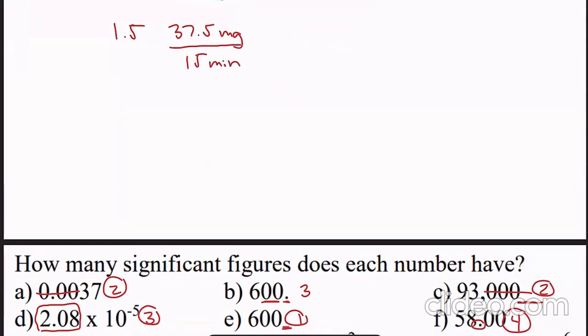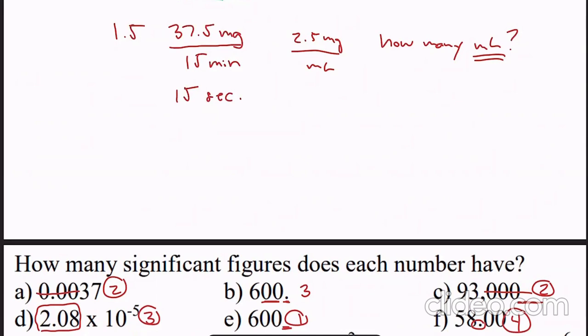If the drug is available in 2.5 milligrams per milliliter, how many milliliters are you going to need to give every 15 seconds? Well, let's go ahead and figure this out.